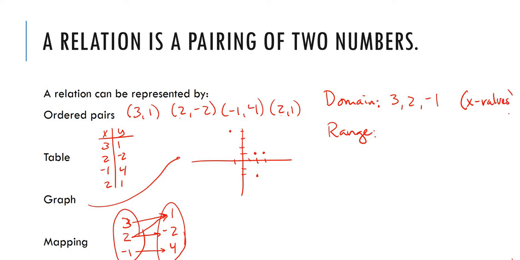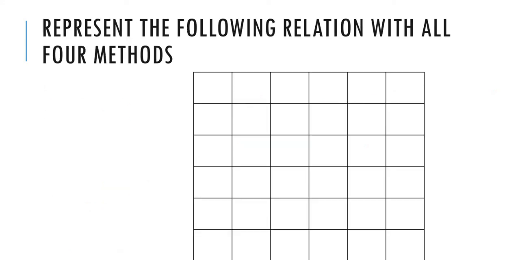And the range is my y values. So the y values in this particular relation are 1, -2, and 4. So that's all a relation is. It's just a way of pairing up numbers one with another so that we have an organized way of representing the pairs that go together.